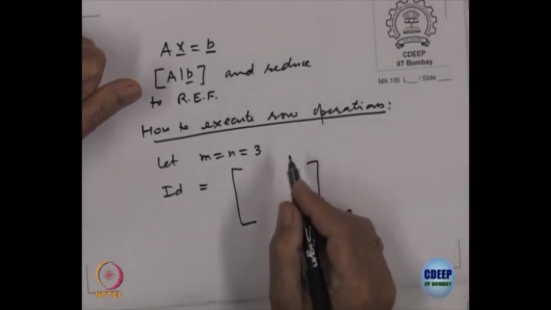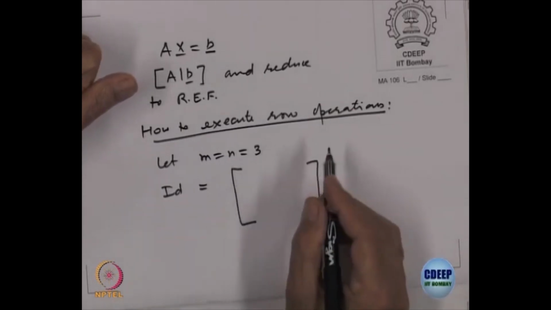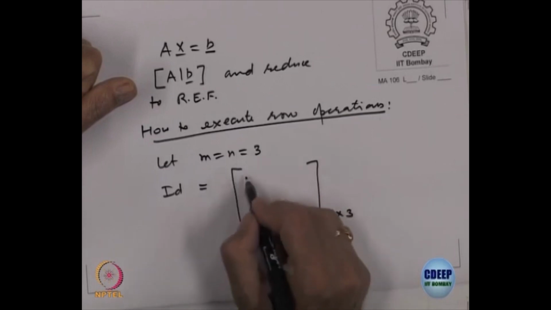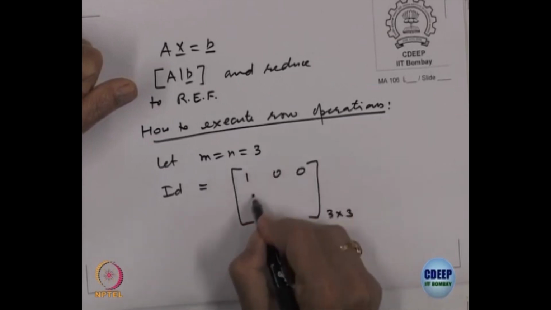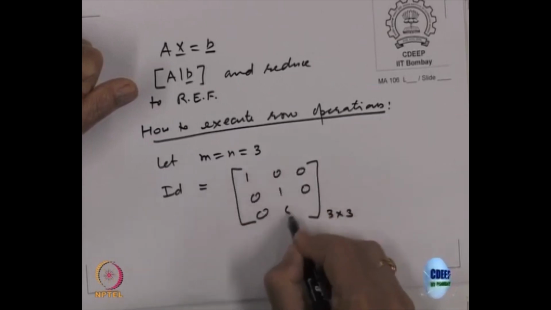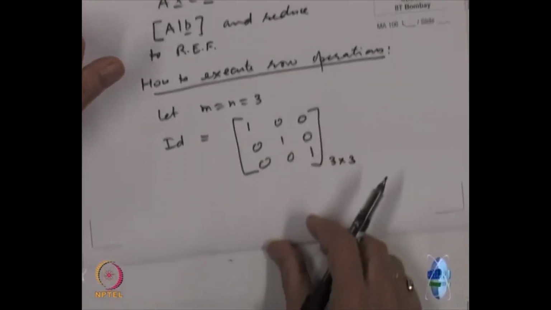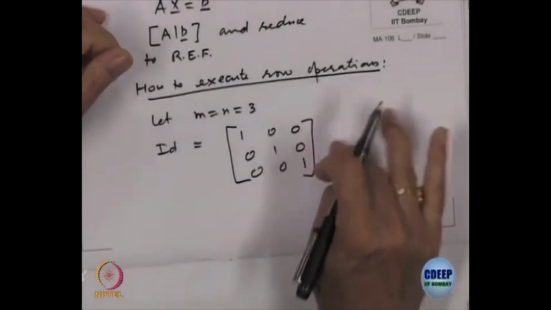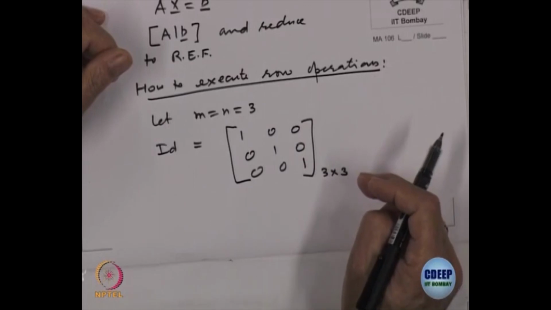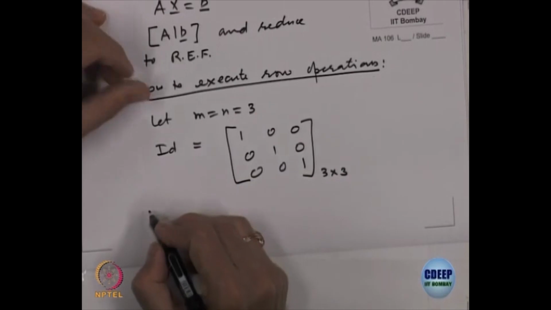What do the entries look like? Along the diagonal it is 1, everything else is 0. So, 1 0 0, 0 1 0, 0 0 1. Now, let us do those operations on this matrix and see what happens. So, interchange.